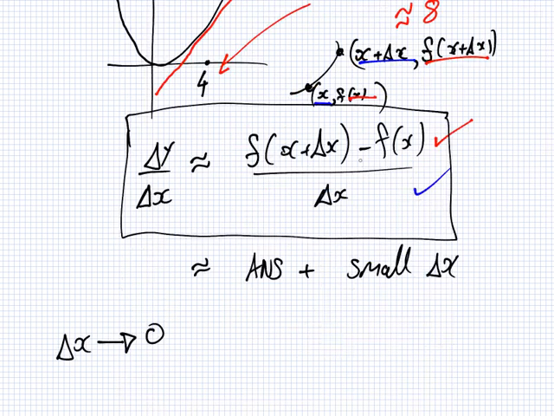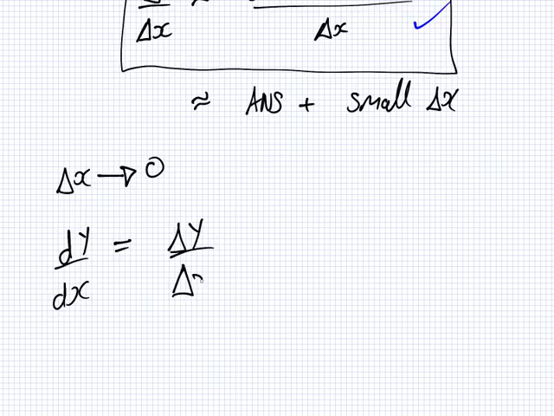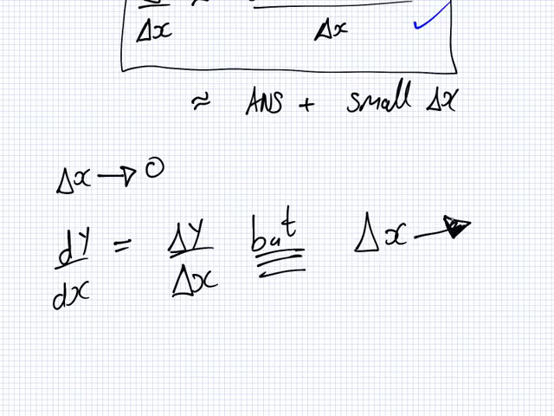When you know the exact answer, we call that dy dx. So dy dx is the secant slope, but you make the delta x go to 0 at the end.